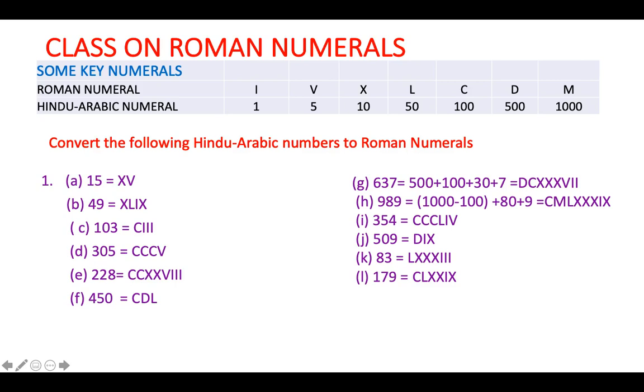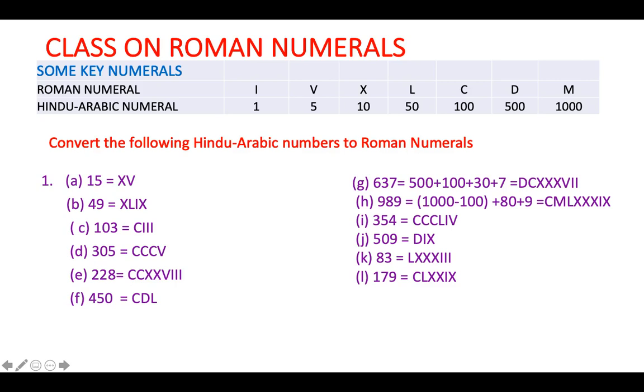So if you have the Hindu-Arabic number 15, you have to write 10 plus 5, that means capital X, capital V. And keep one thing in your mind: if I want to add any number, we have to put that number on the right hand side of the given number.